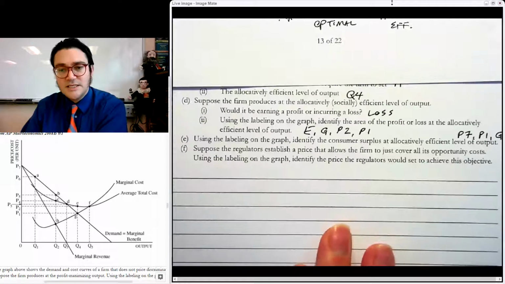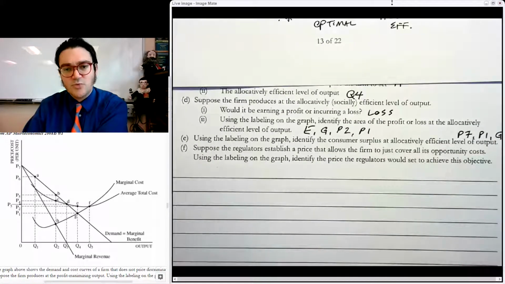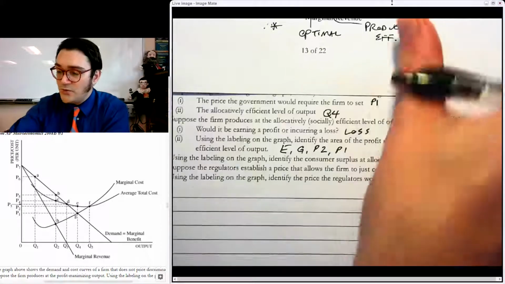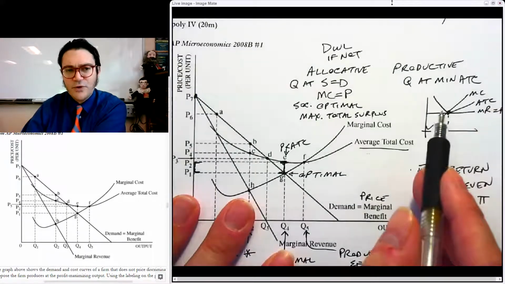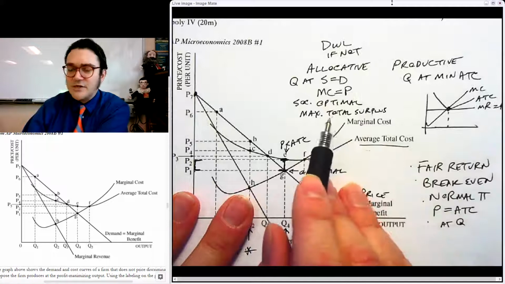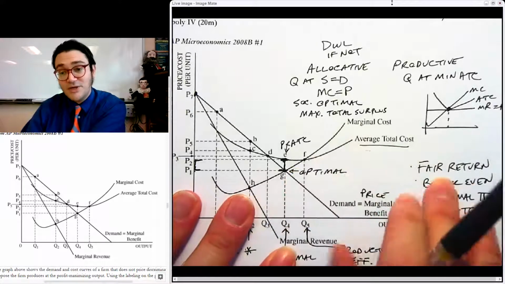And then the last thing says, suppose the regulators establish a price that allows the firm to just cover its opportunity costs. Using the labeling, identify the price they would set. So what does that correspond to? Well, what is that one? That's not productive efficiency. That's not covering your costs. It's not allocative because we've already looked at socially optimal, so it must be this one.